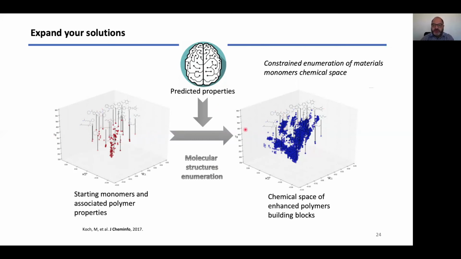So then, what we did here was, in blue, to look for all molecules around these monomers that can be produced by retrosynthesis, by introducing biosynthetic pathways. And then using machine learning, we predict the properties of these blue molecules, okay?